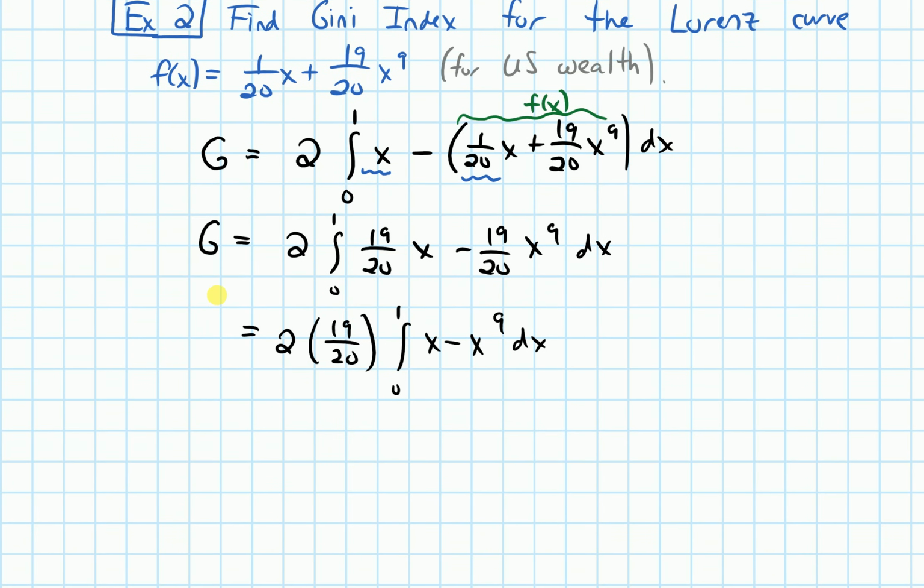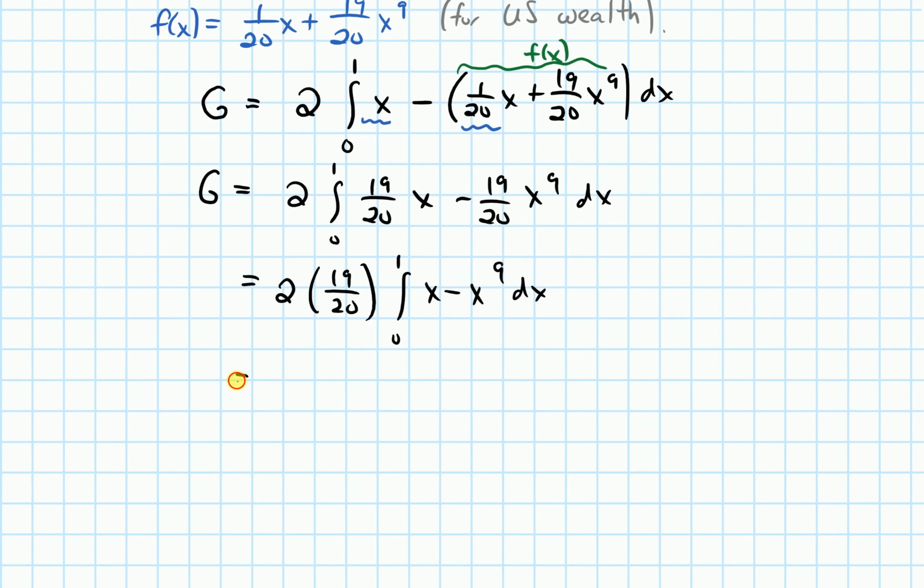It's just a basic integral. With the 2 times 19 over 20, that simplifies to 19 over 10, because I can cancel a 2. And then the antiderivative of this is x squared over 2 minus x to the 10 over 10.